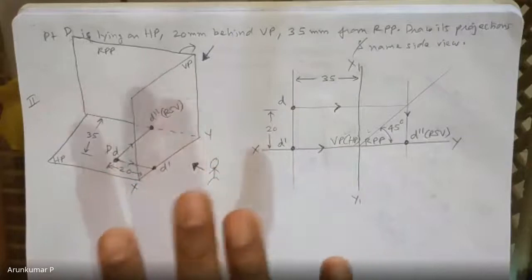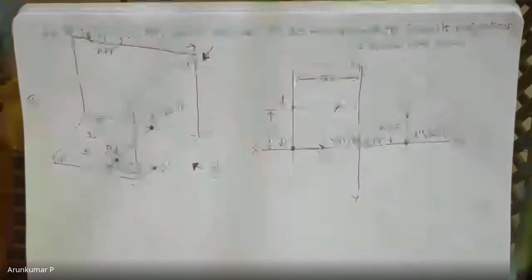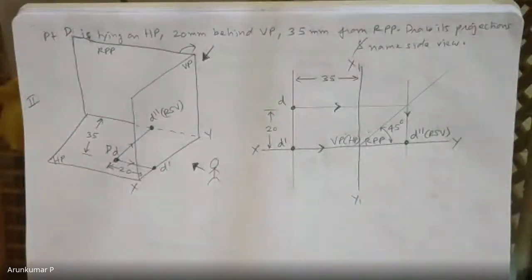No, there could be multiple points also. So that is what I'm going to discuss now. When you pitch in one more point, how do things change? That we'll see now.